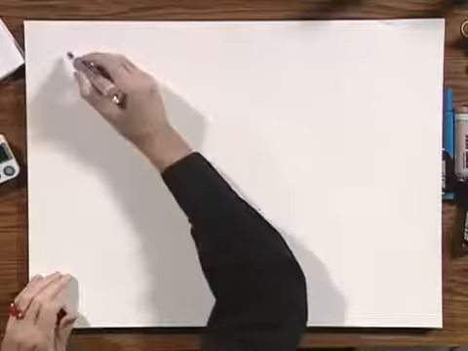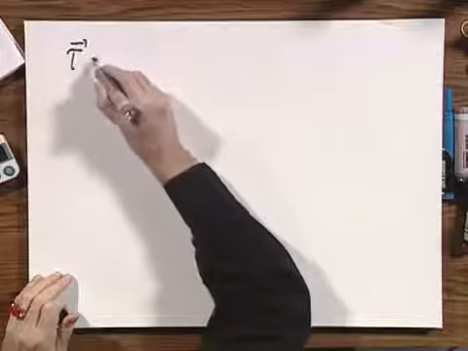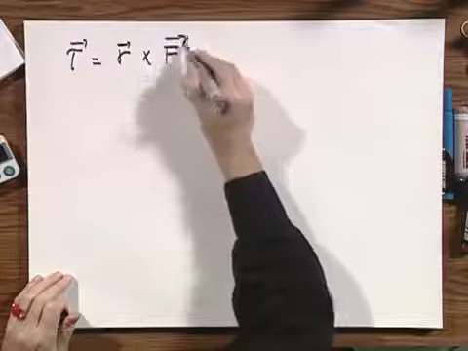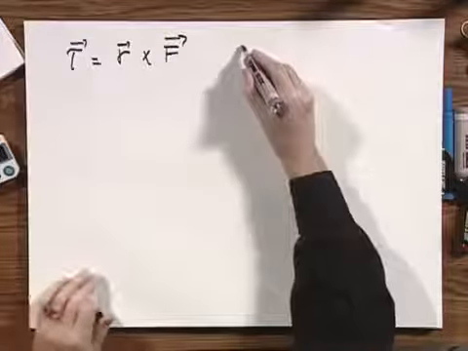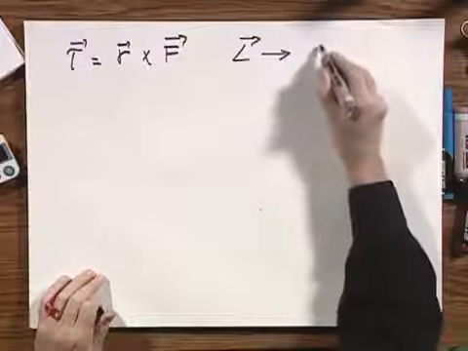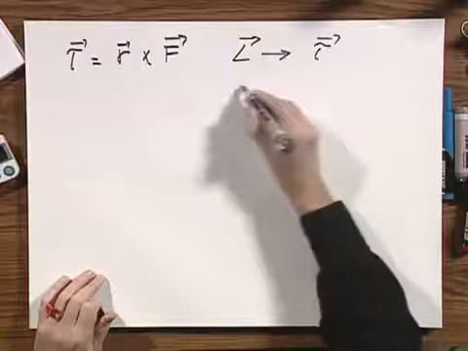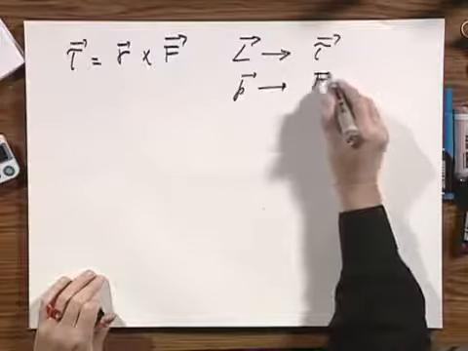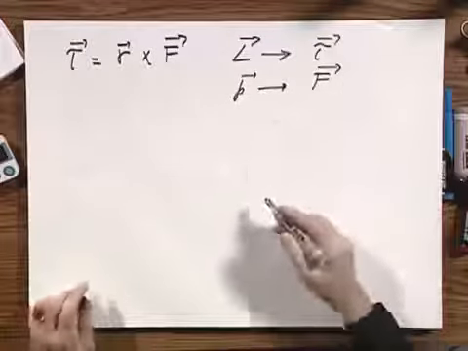If now we go to torque, torque equals R cross F. And so everything I've said holds, except that now you have to replace L by tau, and you have to replace P by F. It's the same idea.